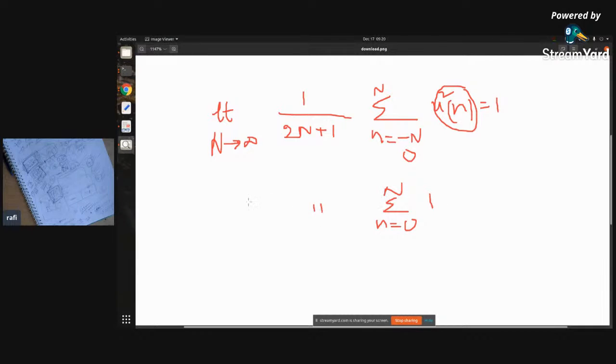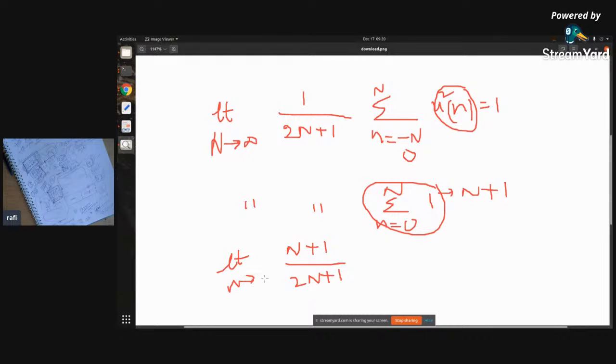So this will be there here. And what is it? N plus 1. How many ones are there here? N plus 1 ones are there. So N plus 1 by 2N plus 1. So limit N tends to infinity. This is infinity by infinity form.